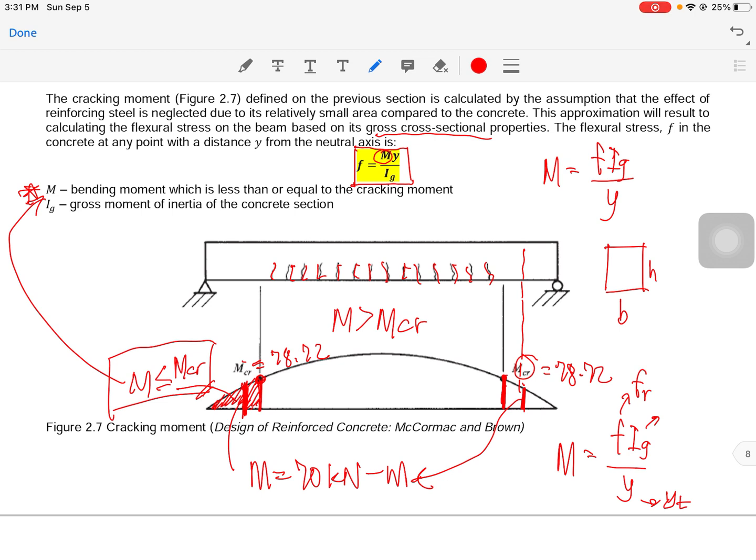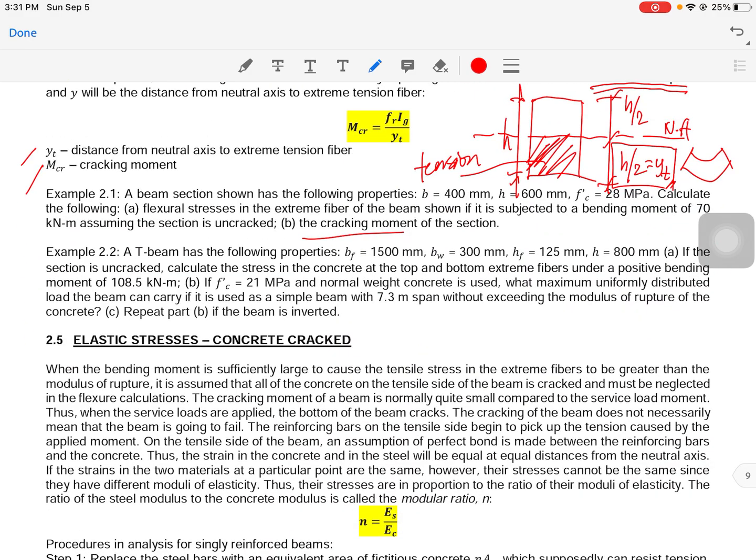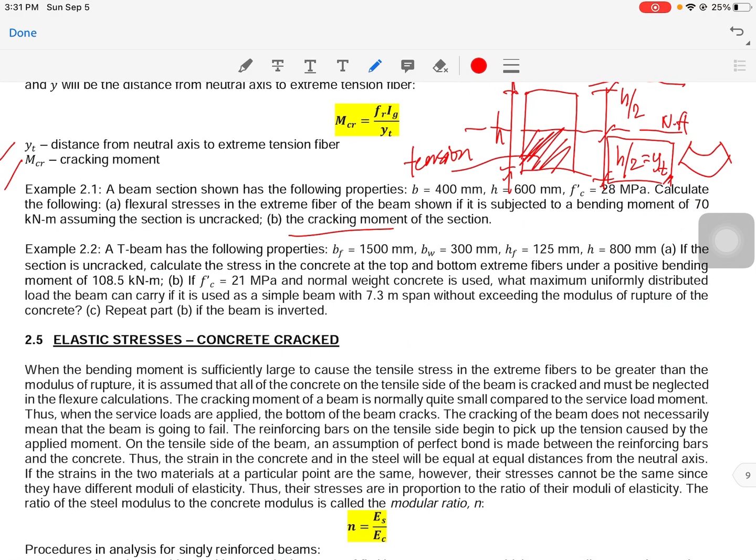Next, let's proceed to our second problem, which is example 2.2. A T beam has the following properties: the width of the flange is equal to 1500 mm, the width of the web is 300, the thickness of the flange is 125, and the overall height is 800 mm.